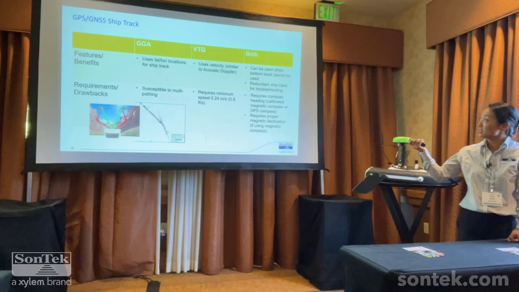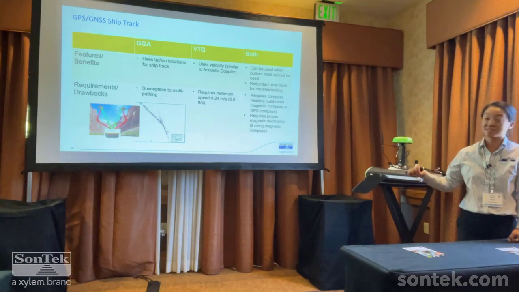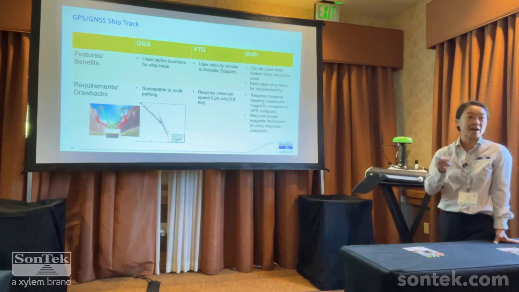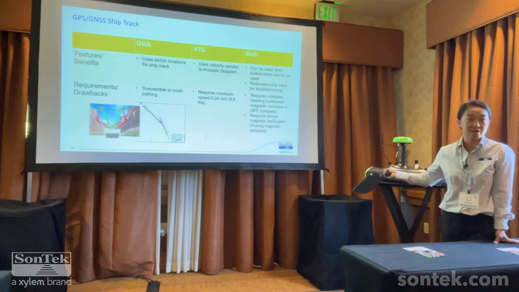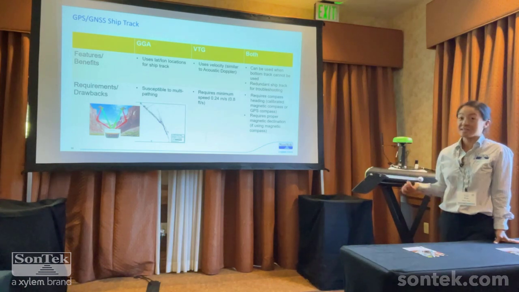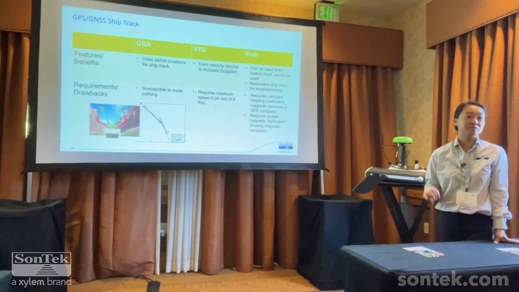VTG uses the velocity. So it's a slightly different way of calculating the ship track compared to GGA. So it's going to use velocity very similar to how we calculate Doppler shift in our acoustics. And so while this is not susceptible to multipathing, it does have a requirement that you have to be moving.